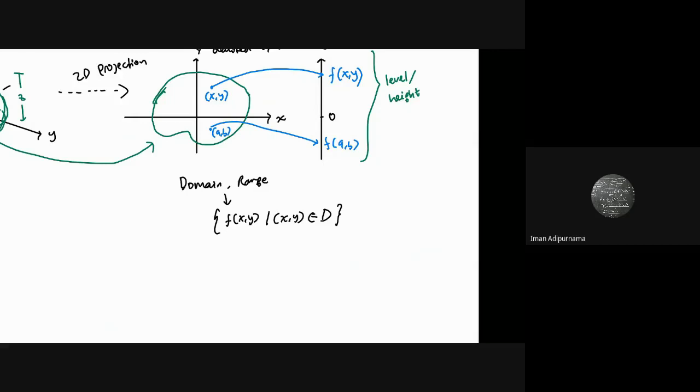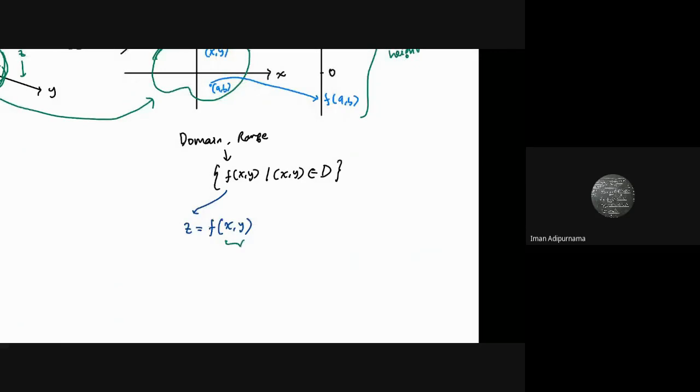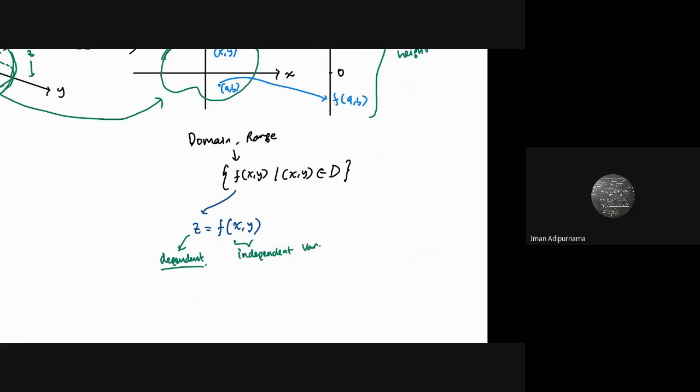And we usually write f in terms of z, and x and y will be the independent variables, right? And z will be the dependent variable. So the level of z, or the height, depends on x and y.